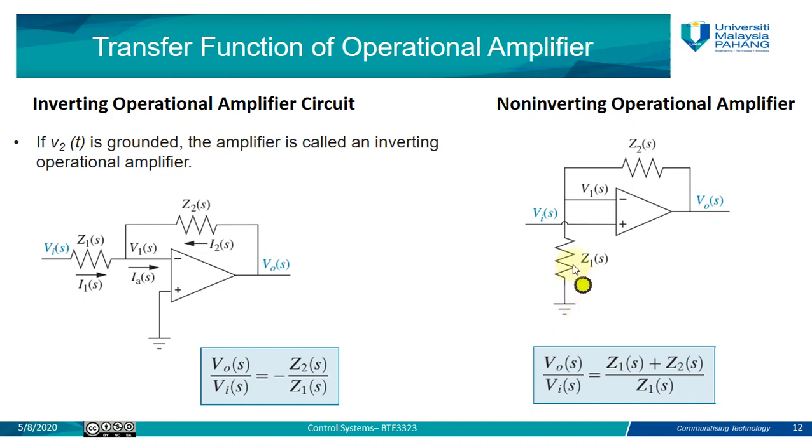We call this non-inverting, so the transfer function does not have any negative sign. V out over V in equals Z1 plus Z2 over Z1. You need to use this formula or that formula to derive the transfer function for an operational amplifier circuit, either inverting or non-inverting, depending on the type.